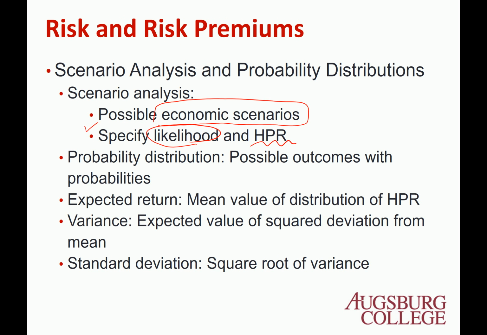If you have these probability distributions and the HPR for each economic possibility, then we can compute the expected return, which is the mean value of the distribution of the HPR. Mean value is the average. And then variance, which is the expected value of the square deviation from the mean. And then standard deviation is the square root of the variance, which is the same unit as expected return.